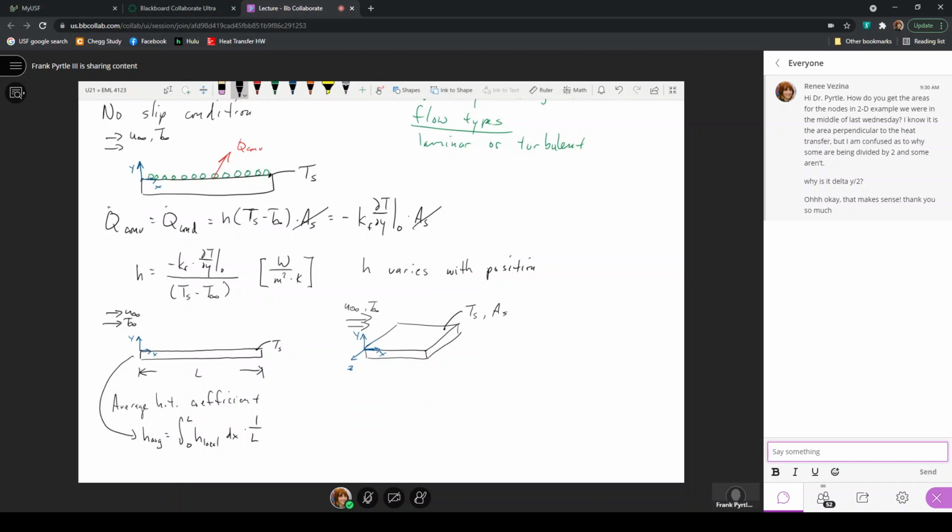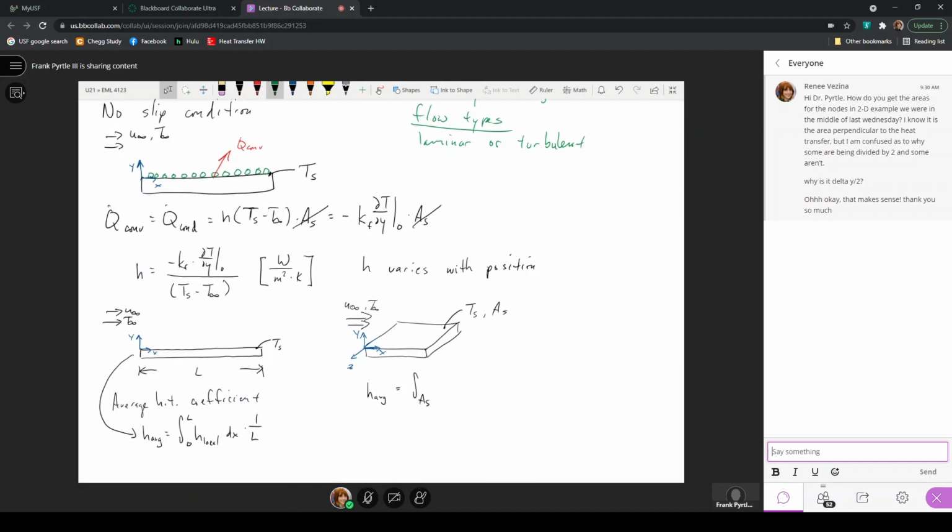Thus, we define the bounds, and then we divide by the length. We define bounds for integration of this local value of the heat transfer coefficient, and we divide by the length over which we integrate it, and that'll give us an average heat transfer coefficient from 0 to L. If we were considering an area over which that heat transfer coefficient could vary, here h average would be defined as the integral just over the surface area, which would be in the x and in the negative z directions according to the expression I've given.